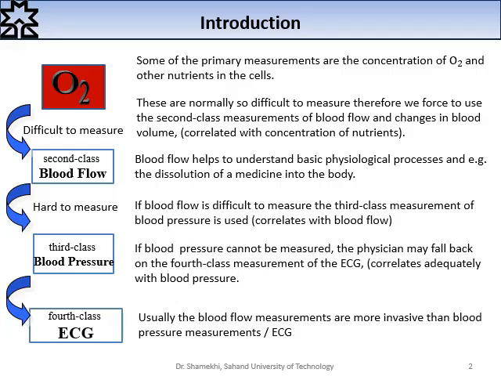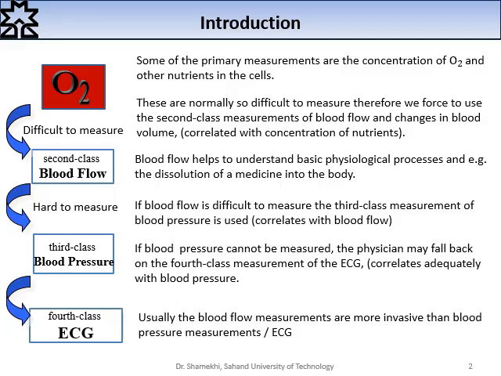The third class is blood pressure which, as you know, is less invasive than measuring the blood flow. In some cases, we can also measure blood pressure from outside of the body.